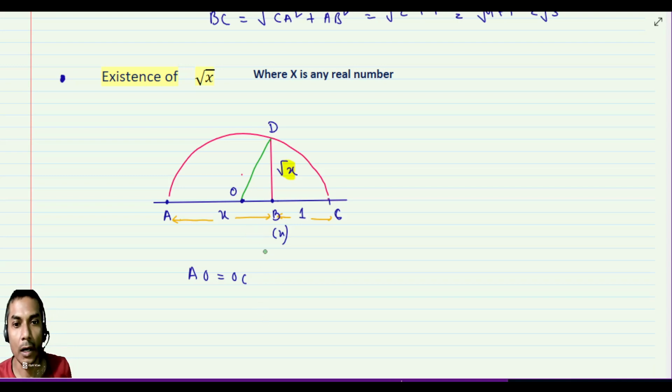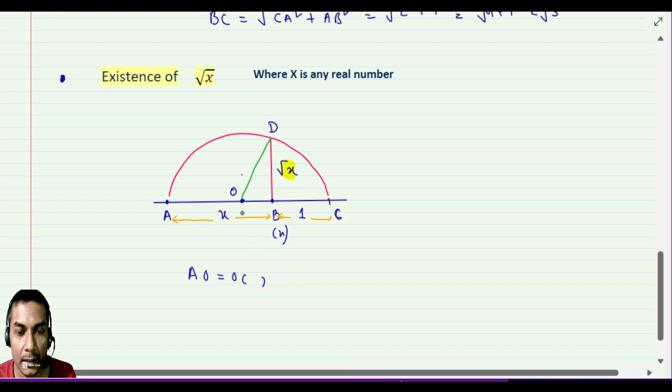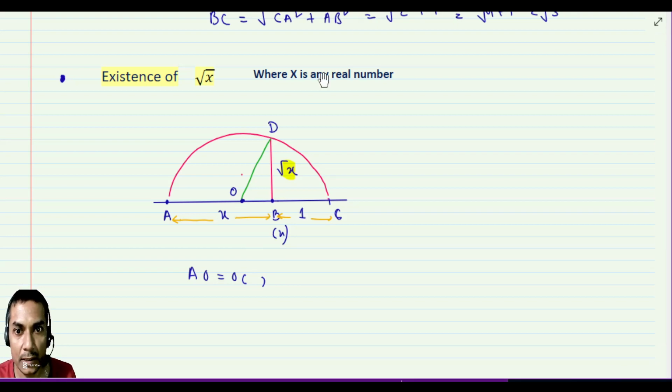So now from this right angle triangle, what value do we get? That is OB. You find out the OB. This distance OB, actually OB is equal to OC minus BC.